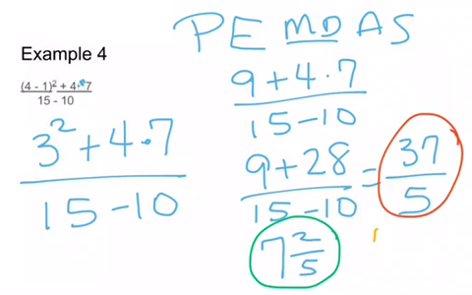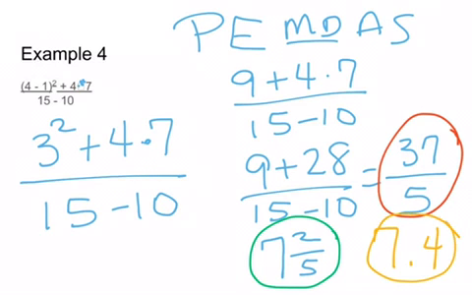Then our answer would be written as 7.4. All of these answers are acceptable. So our acceptable answers are 37 over 5, or 7 2/5, or 7.4. They're all the same number written in a different form. First, an improper fraction right here, then the mixed number, and then written with a decimal. So any of those are acceptable.